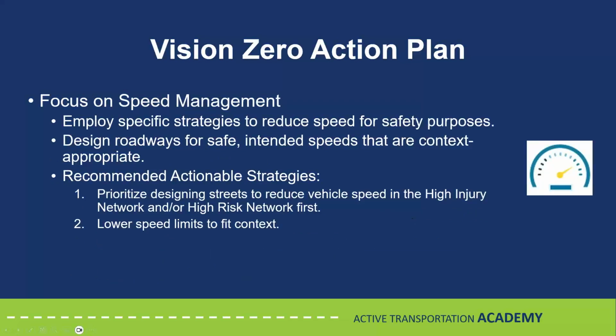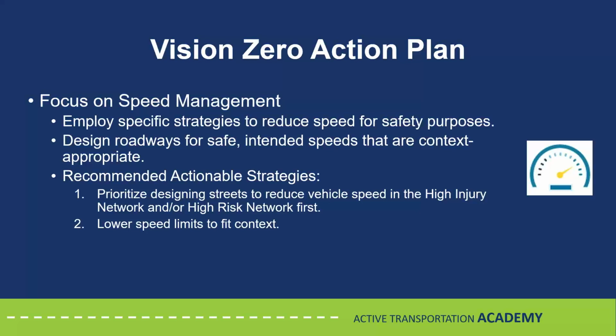Okay, focusing on speed management. In addition to roadway design, employ specific strategies to reduce speed for the sake of safety. Most important is designing or redesigning roadways for safe intended speeds. Design roadways for safe intended speeds that are context appropriate using proven countermeasures.